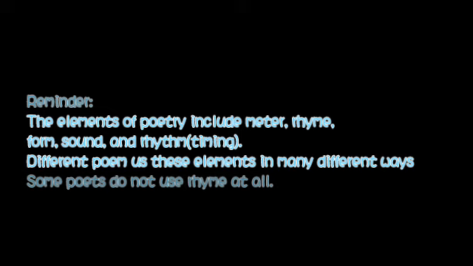Without this, will you not be successful in literary pieces such as poetry, essays, or any other written work? Just a reminder, the elements of poetry include meter, rhyme, form, sound, and rhythm. Different poets use these elements in many different ways. Some poems do not use rhyme at all.